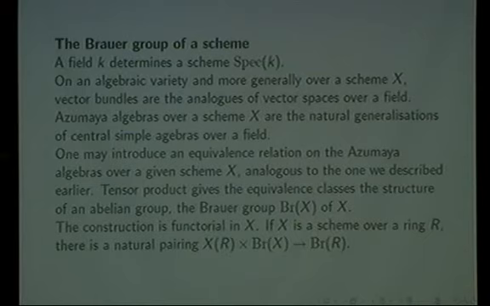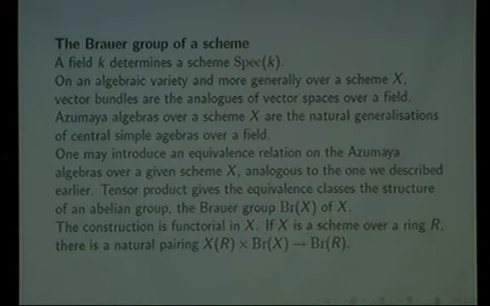On a field, you have central simple algebras. Well, on a commutative ring, you have the notion of Azumaya algebra. This is the natural extension. So Azumaya algebras over a scheme are the natural generalization of central simple algebras over a field. And one can introduce an equivalence relation on Azumaya algebras, just as we did for central simple algebras over a field, and that gives rise to a group which is the Brauer group of X.